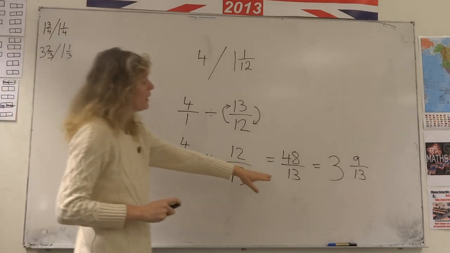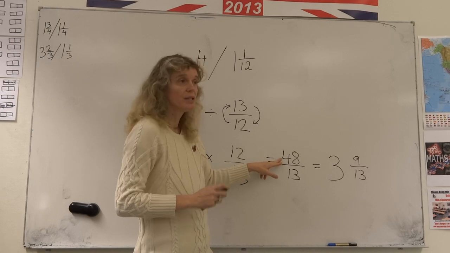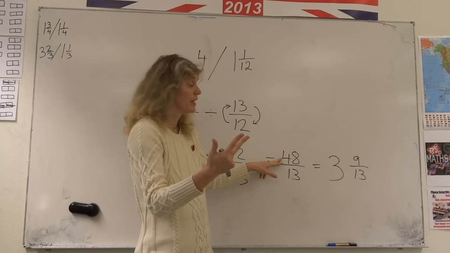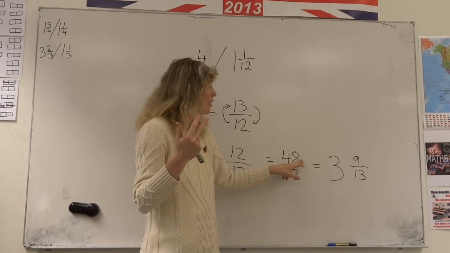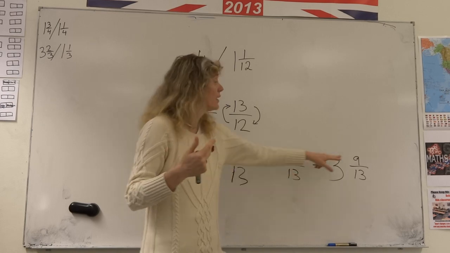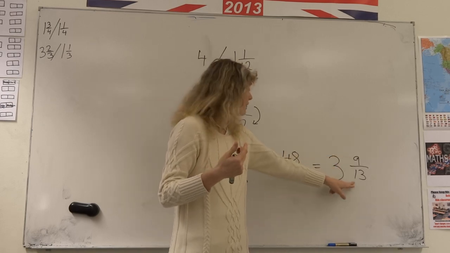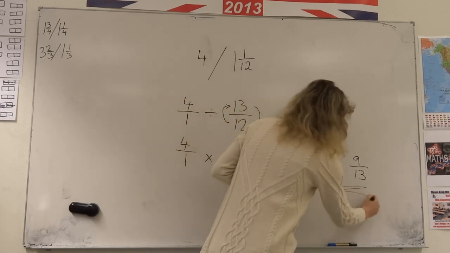So to come back from here, 13, see how many times 13 goes into 48? 13, 26, 39. It goes 3 whole times. Giving you 39. 48 minus 39 would give us 9. 9 left over. 9 what's left over? 9 13ths left over. So this gives us our final answer.